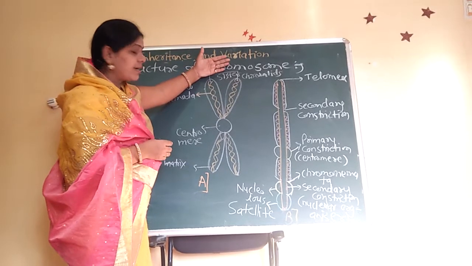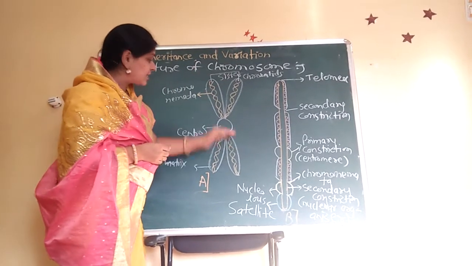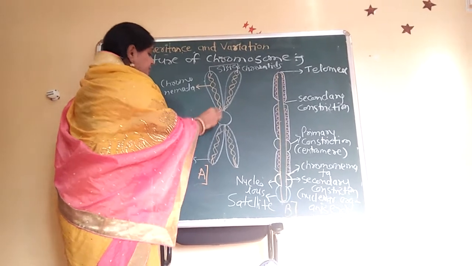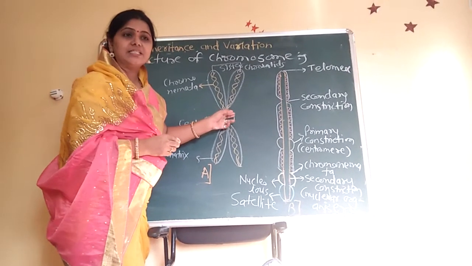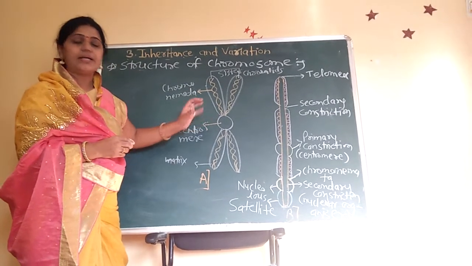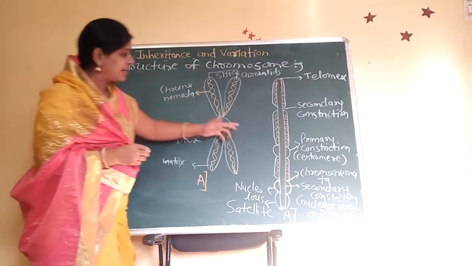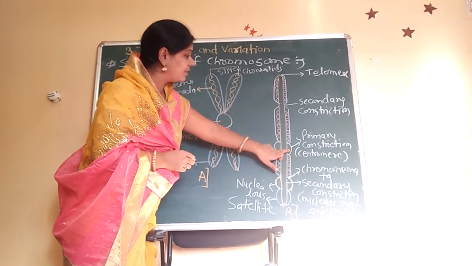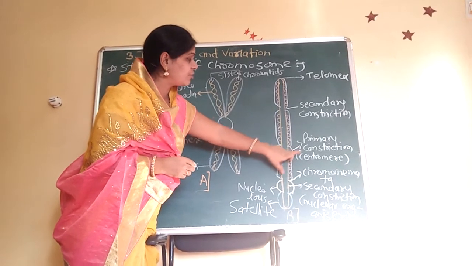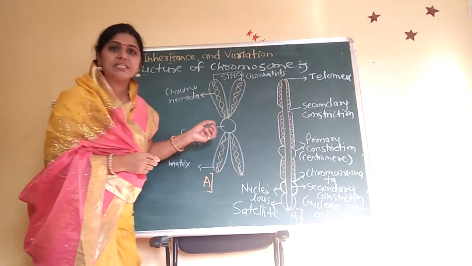The chromatids are on the upper side and downside, and in the middle there is a centromere. This centromere is also called the primary constriction.